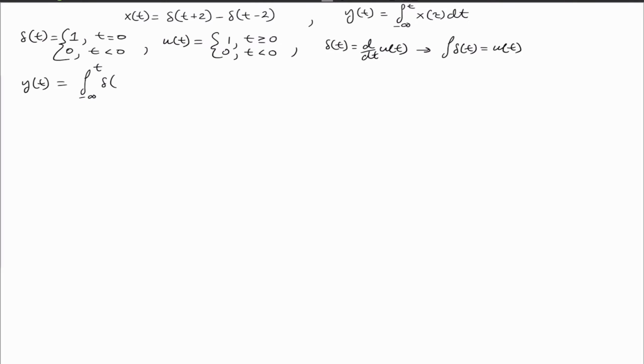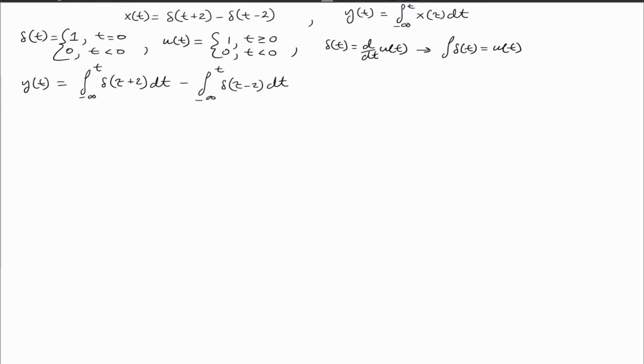One is the first expression of x of t dt. In this case, we change the independent variable in the signal x of t to tau. That is going to be minus the integration from negative infinity to t, and we do the same with the second expression in the signal x of t.